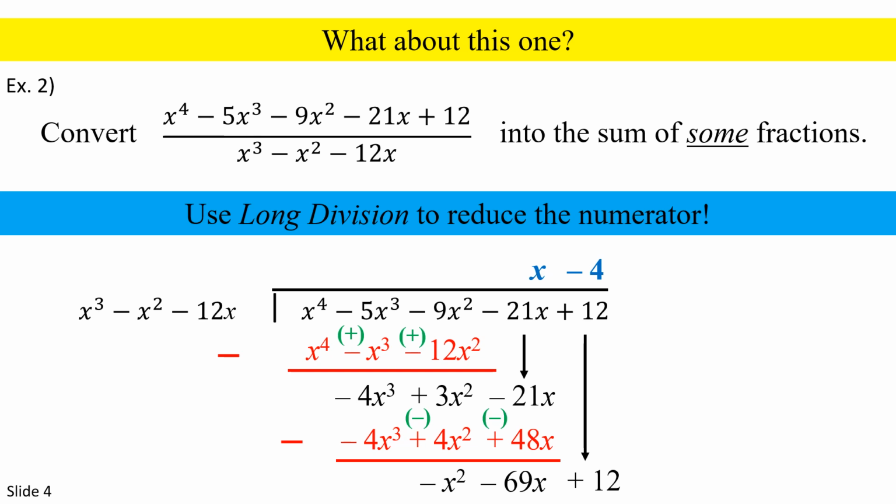So we end up with x minus 4 plus negative x squared minus 69x plus 12 over the denominator, x cubed minus x squared minus 12x. Now the fraction is no longer top heavy.